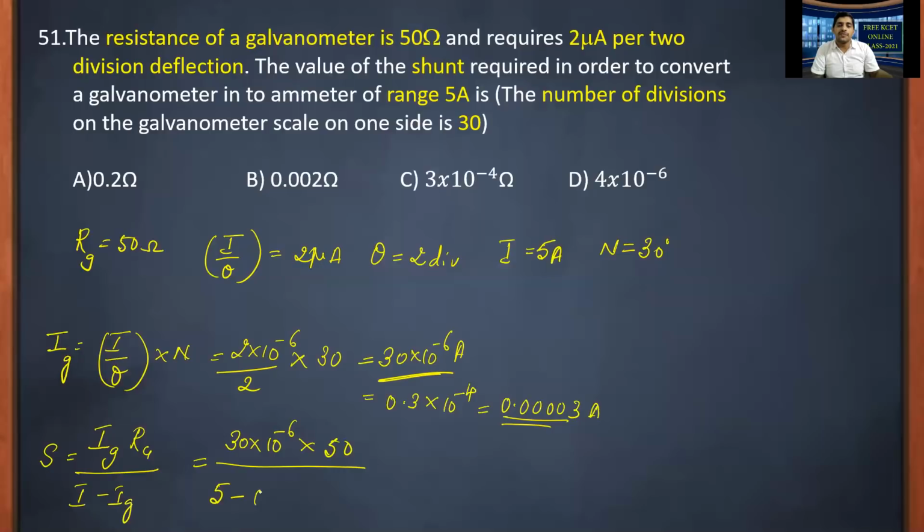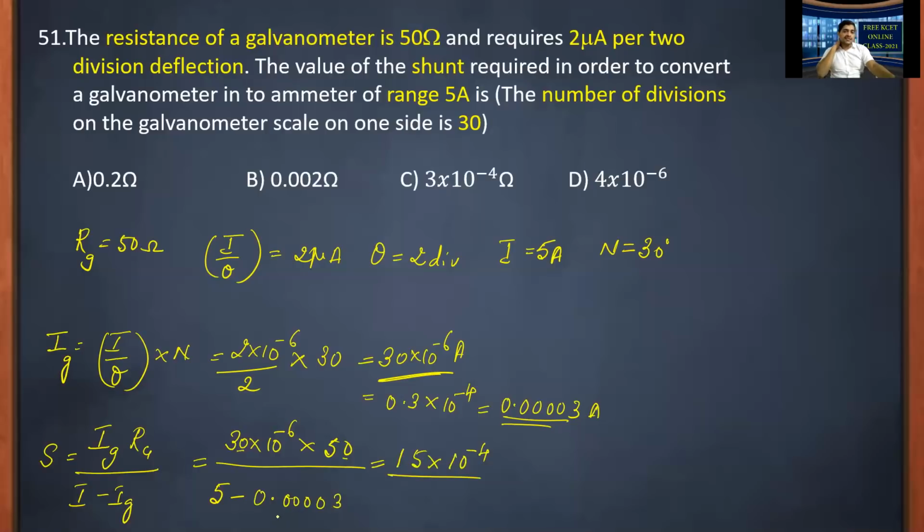Let us keep it like this, because to subtract we should not write in a power. Now this 0 and this 0, I'll take as 10 to the power 2. So 3 fives are 15. I'll write here 15 into 10 to the power minus 4, divided by 5 minus 0.00003.